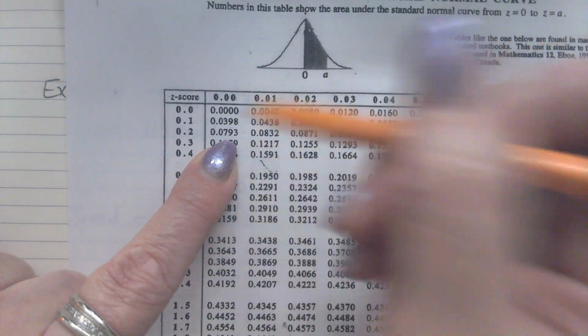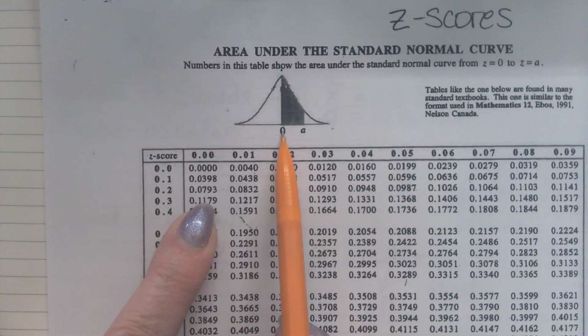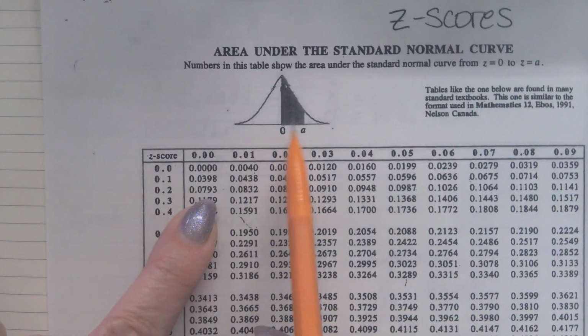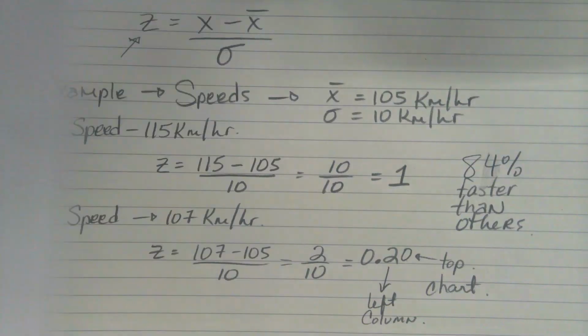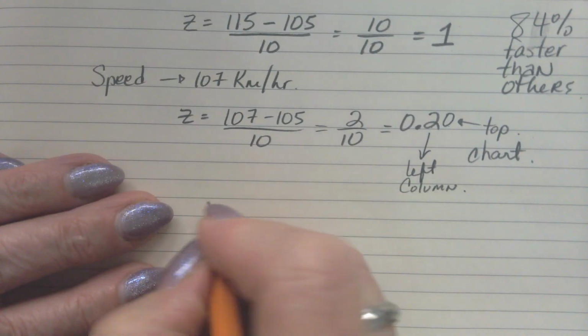So now, as you will notice, this is from 0 out to that line. So 0.2 looks like this on my bell curve, right?